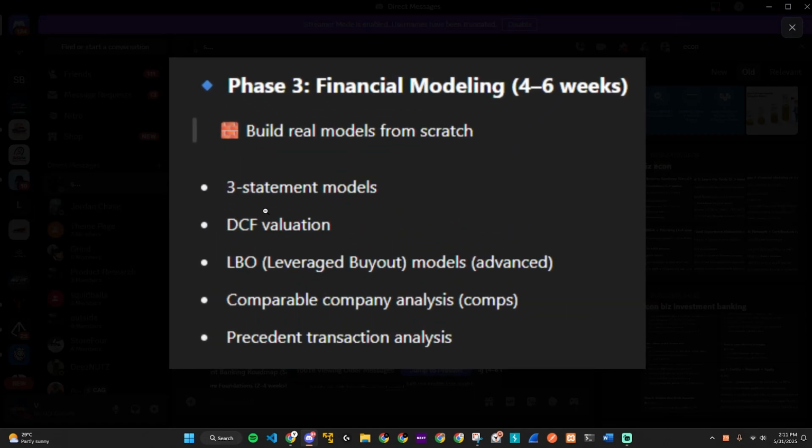All right, let's move on. 10-K reports. Three-statement model. Yeah, I've heard of this. DCF, once again, discounted cash flow. Leveraged buyout. Comparable company analysis. That's what we did. Precedent transaction analysis. That's what we did with the data.